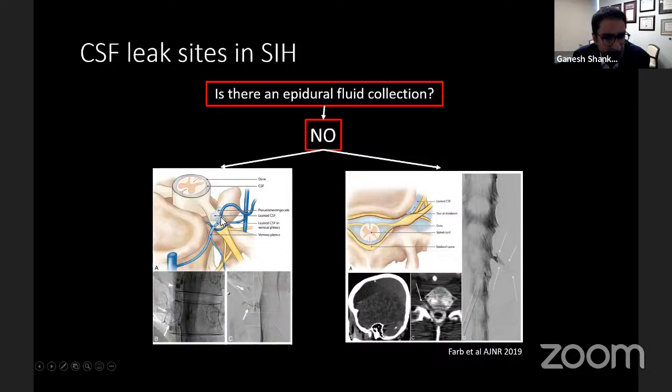And this is a type 3 leak. This I haven't seen, but can occur, which is a tear in a non-traumatic setting, a tear that occurs distal to the epidural space and can result in CSF leaking out into the paravertebral region through the foramen. And in this case, we would not see an epidural CSF collection.